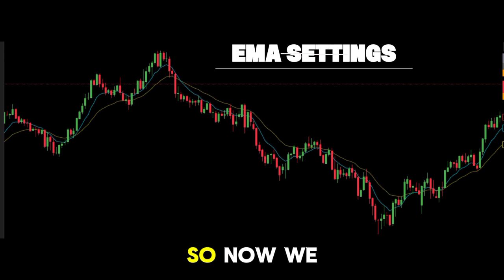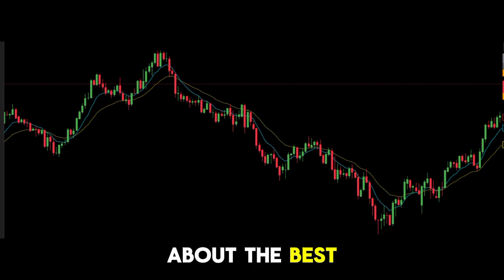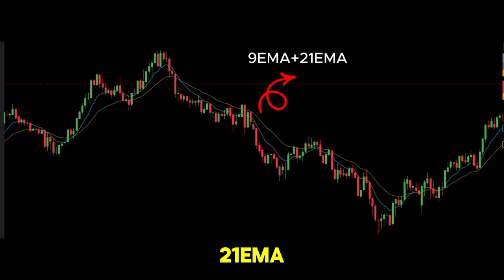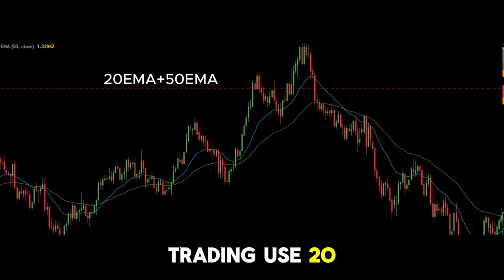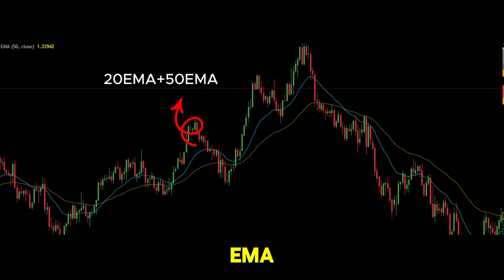Okay traders, now we will talk about EMA settings. Now let's talk about the best EMA combinations. For fast trading, use 9 EMA and 21 EMA. For intraday trading, use 20 EMA and 50 EMA.